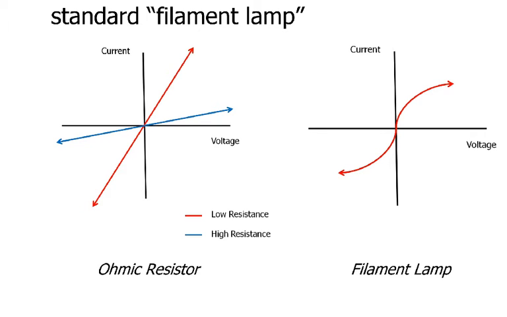Now on these lines, you'll notice that they have a constant slope. So that's showing that it's a constant resistance. It's interesting that this is plotted this way, with current on the y-axis and voltage on the x-axis. You could plot it whichever way you want. But the resistance is equal to the voltage divided by the current.